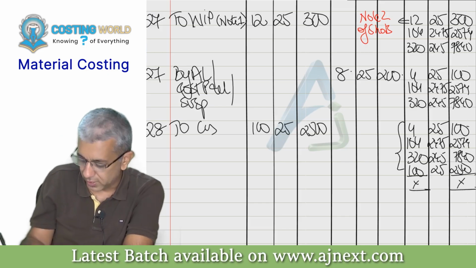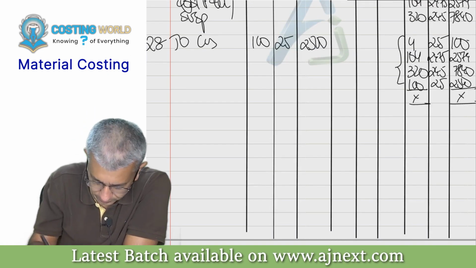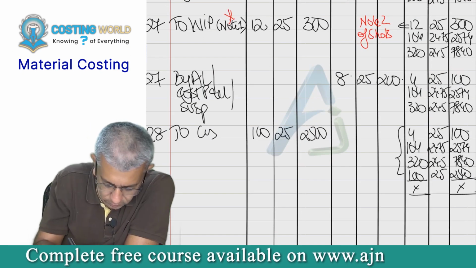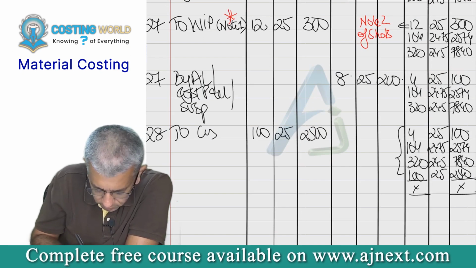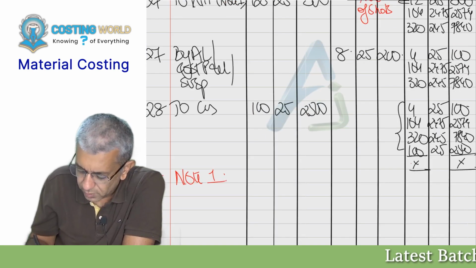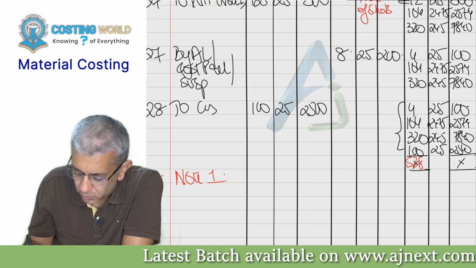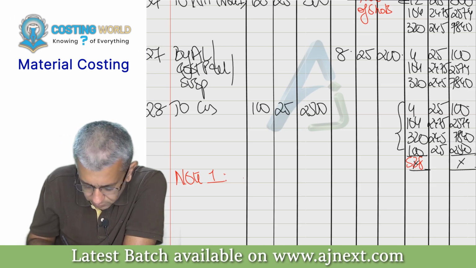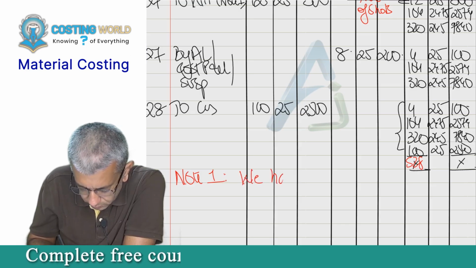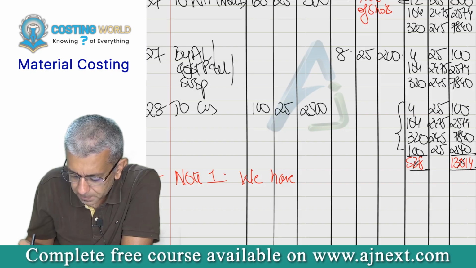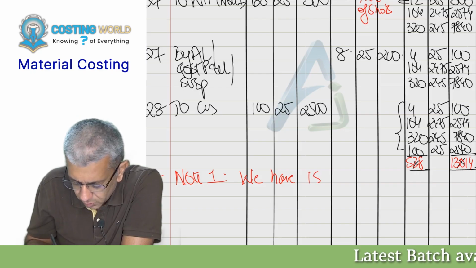Last total, get me over here. 528. 528. The balance amount? 13014. Correct? Yes, sir. Okay.